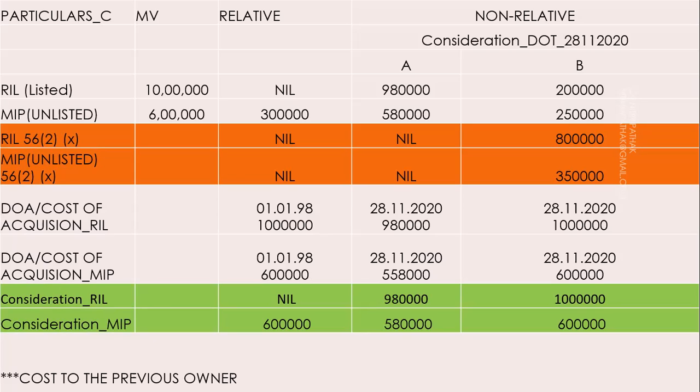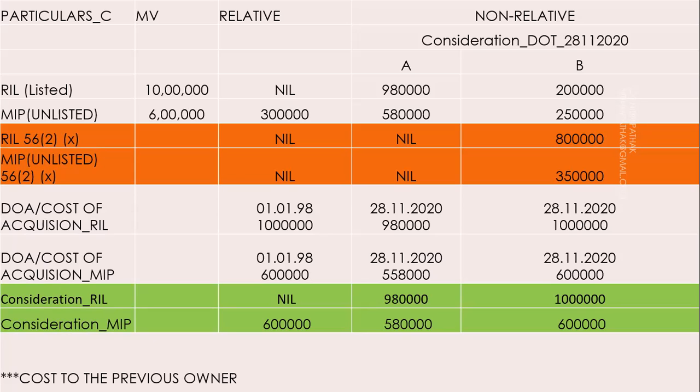Clear? Now I'm going into another part, another sale of Reliance shares in the case of my relative. Here I sold at 9,80,000. The rule says that if I sold it for less than 50,000 difference, the sale consideration would be considered, and no gift would be considered in the hands of A for RIL, and for his valuation it would be considered as 9,80,000.